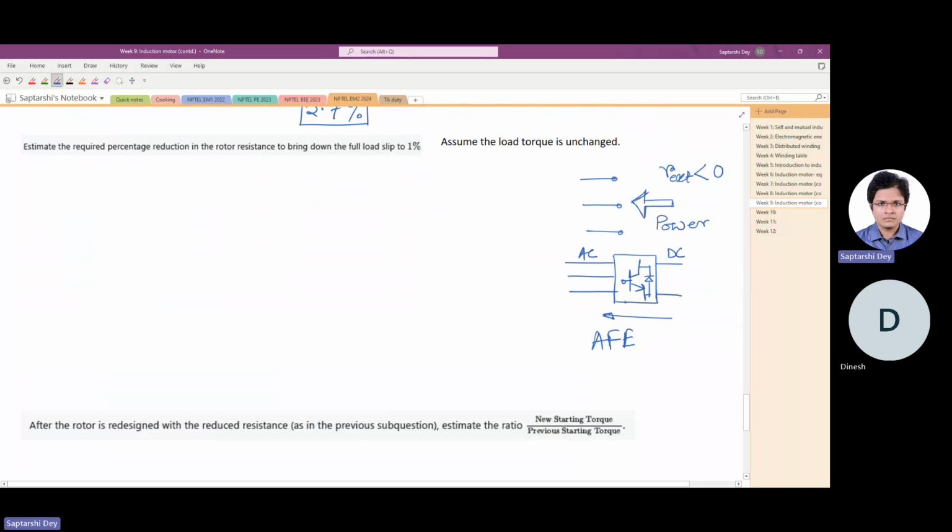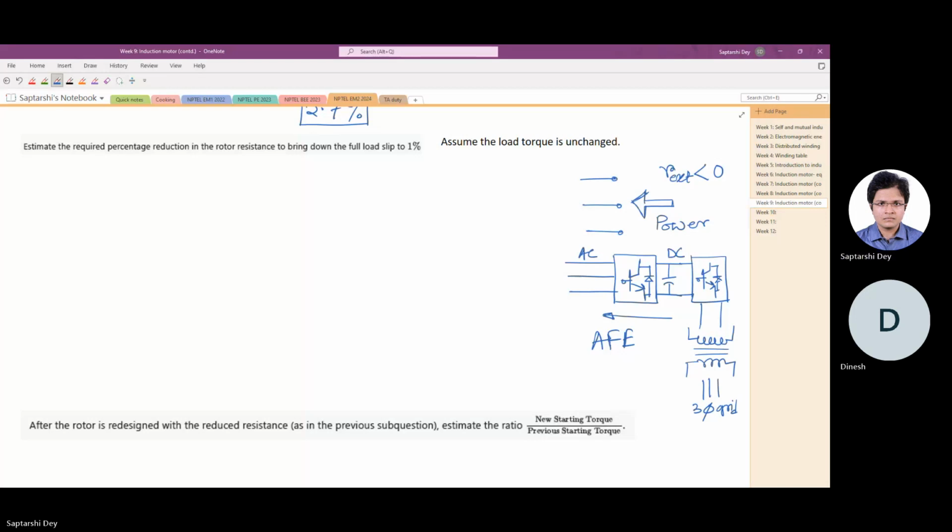If you have a circuit like this, DC here, maybe another inverter, followed by a three-phase transformer to the grid, then it is possible to effectively reduce the resistance of the rotor circuit.